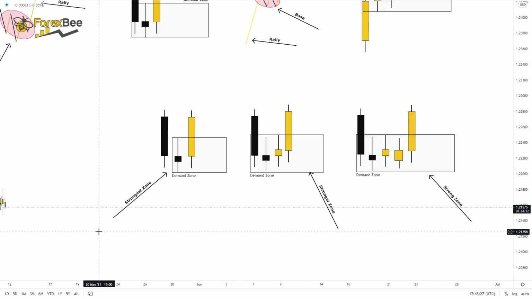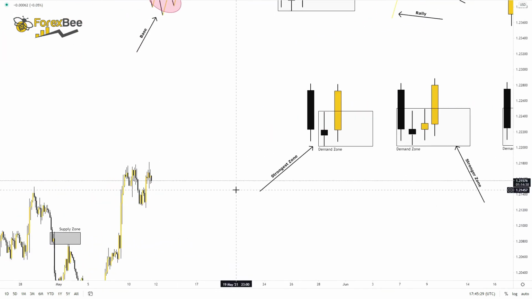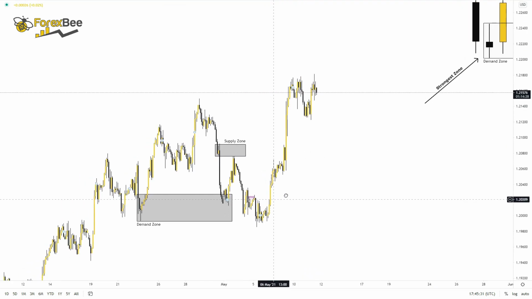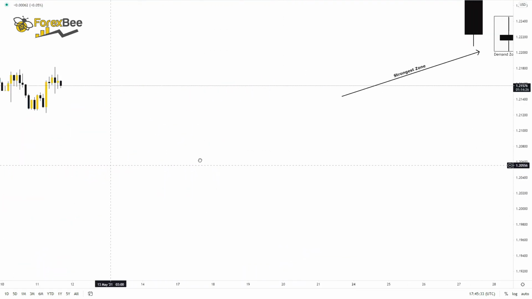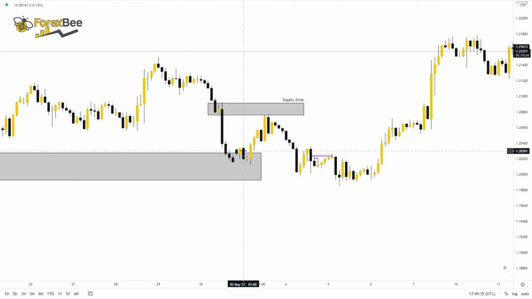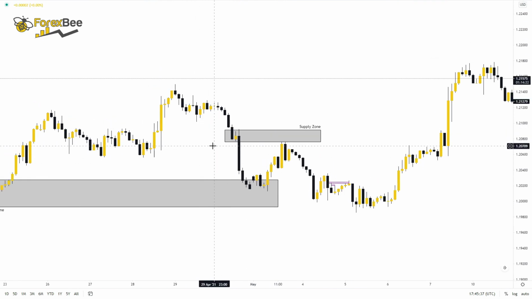So let us understand this through an example on our charts. Let me take you to the chart here, and let me zoom in so that you can see clearly. Here you can see that a supply zone is created, and you can tell that it is a supply zone because there's a bearish candle, and then again one big bearish candle, and these two bearish candles are sandwiching one small or base candle.